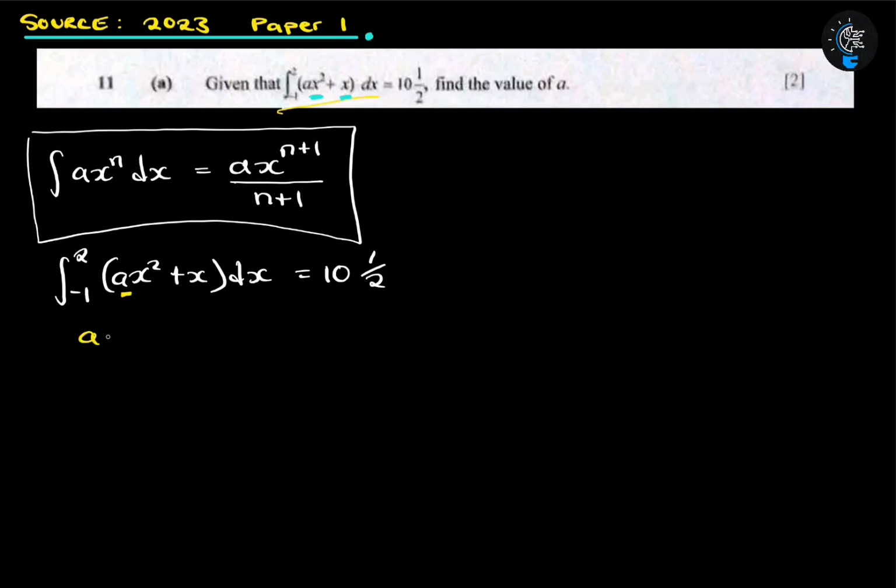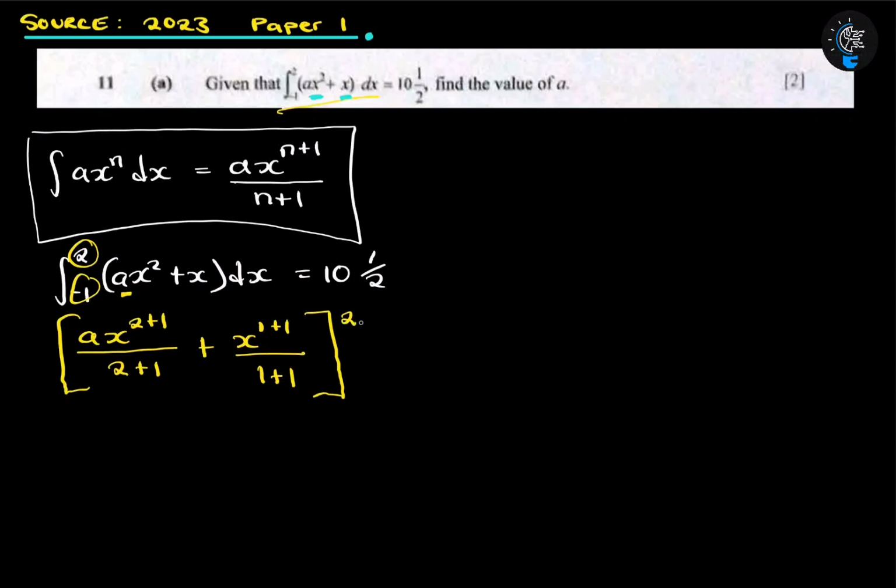So we're going to say a times x to the power 2 plus 1 divided by 2 plus 1. We put a plus there. We jump to the second term, which is x. So we're going to say x to the power 1 plus 1 divided by 1 plus 1. Now, don't forget to include the limits. So we put the brackets, then your upper limit will be there, and your lower limit will be there. Please don't forget the negative 1, which will be equal to 10.5.